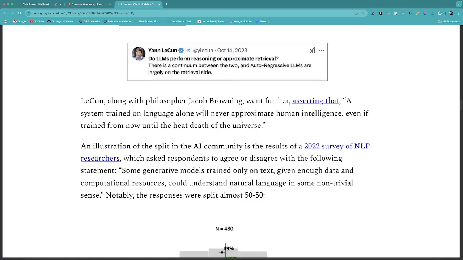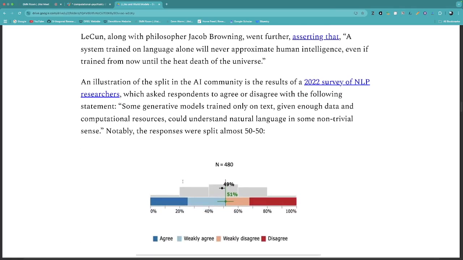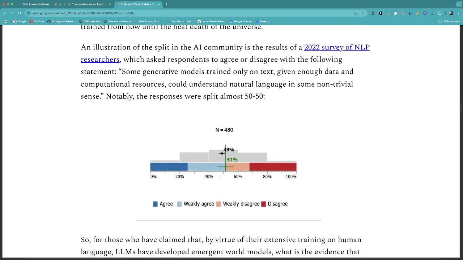Well, that's a pretty strong opinion, but you can see the point is that they're either acquiring these world models or they're not. And the world model, of course, in as much as you can define a world model, is something that either emerges from the data or we're just simply retrieving data. I guess that's an interesting question because it looks like people are split almost 50-50 on this question.